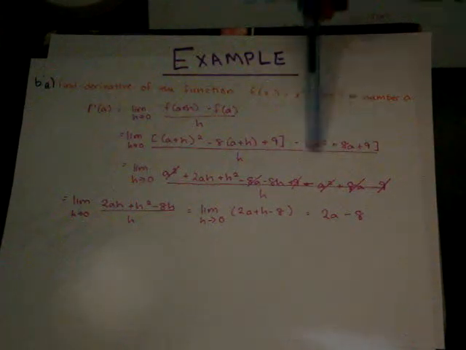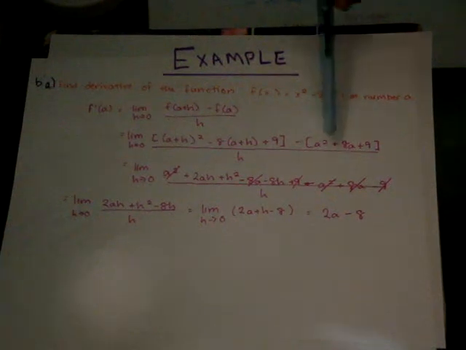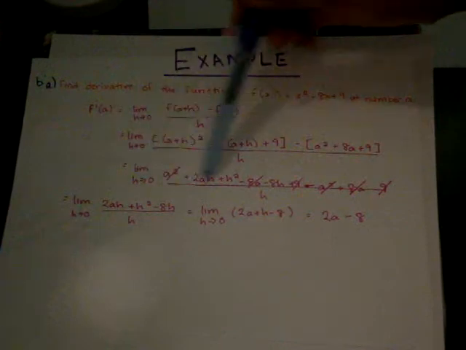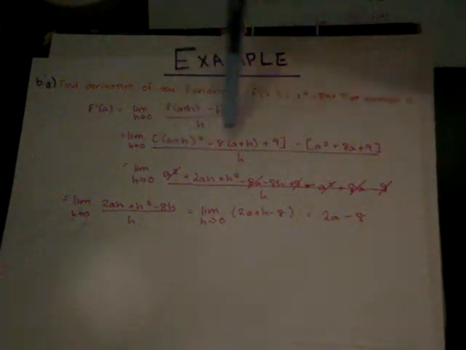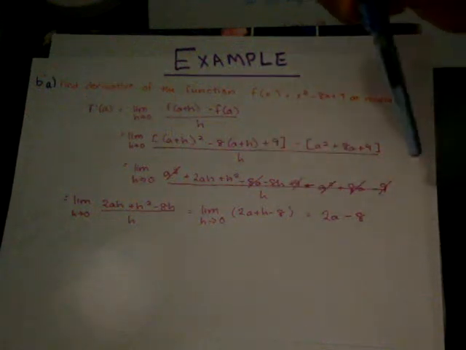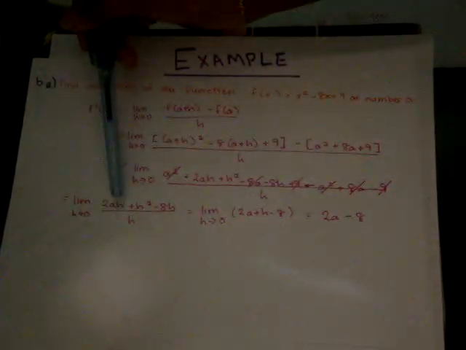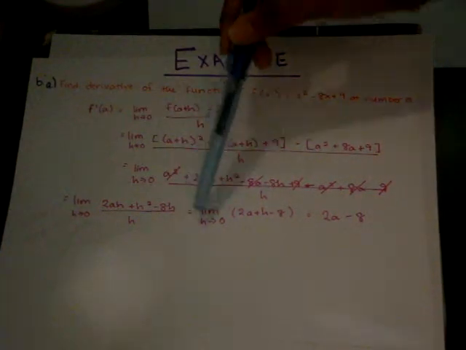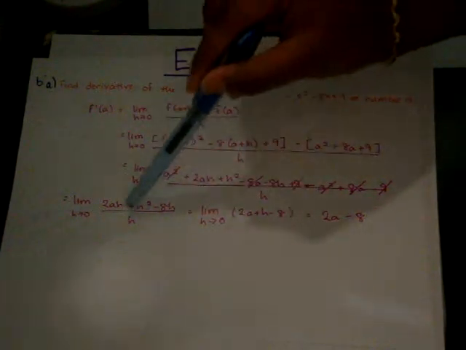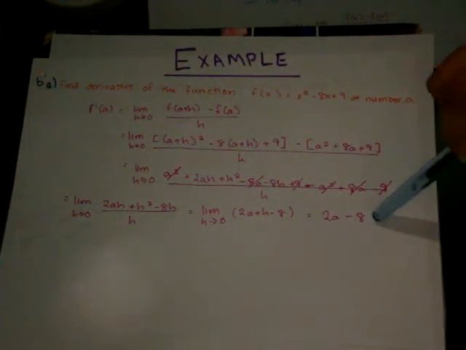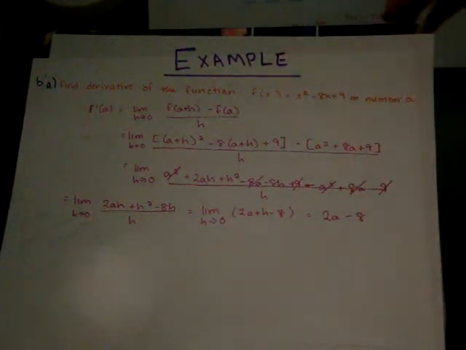And then you put a as your x here for this. Then you expand this by distributing each of the things you need to and simplify it by crossing out. So you get 2ah plus h squared minus 8h. And that would give you this if you cross out the h's. And then finally you get 2a minus 8 as your derivative.